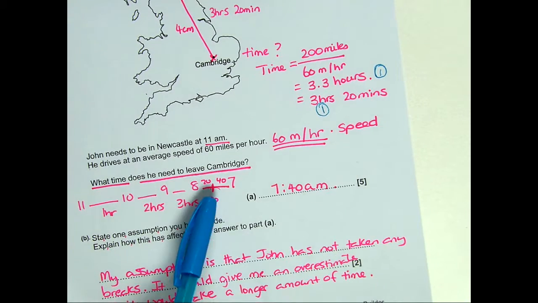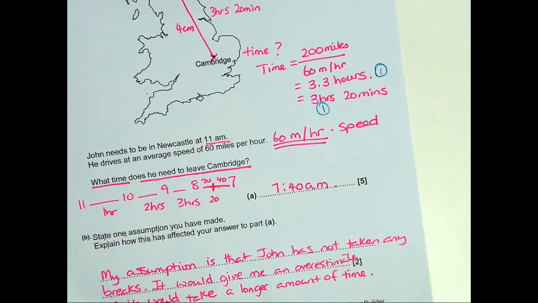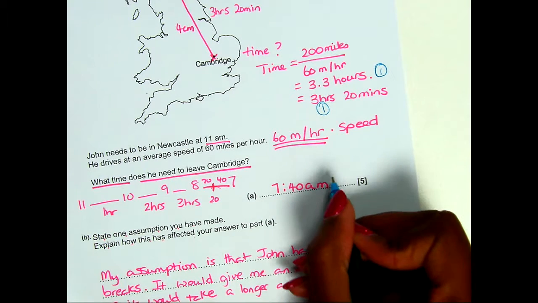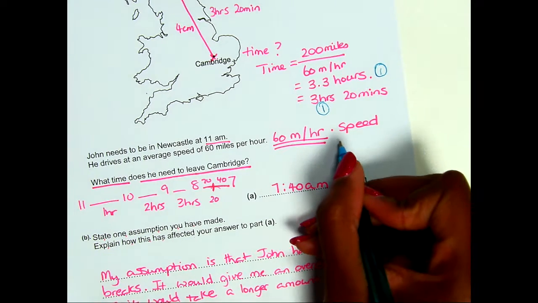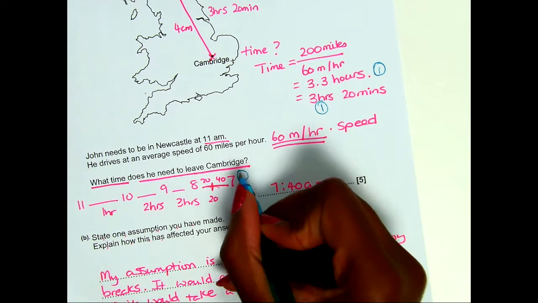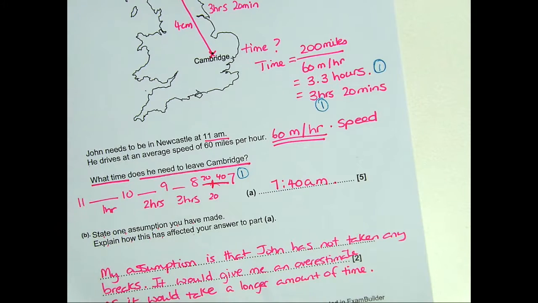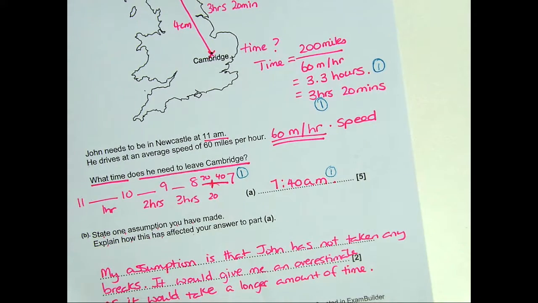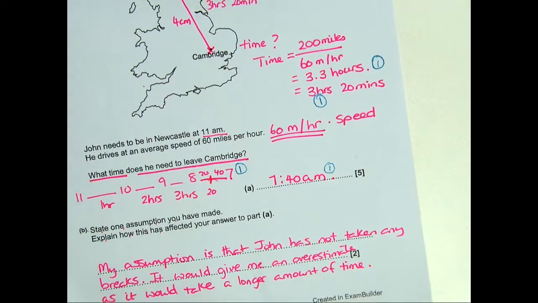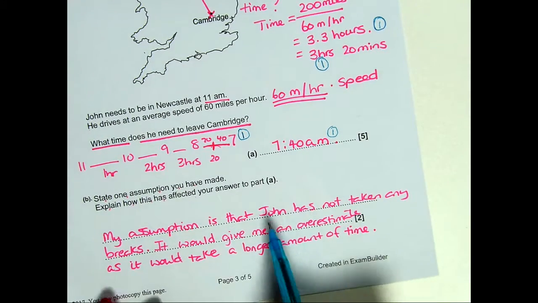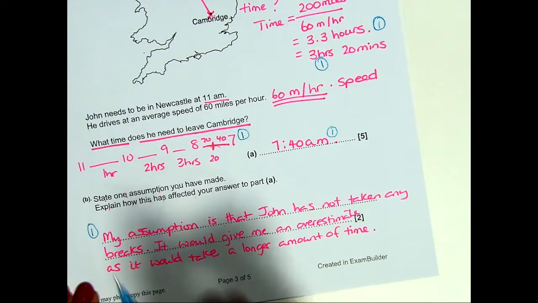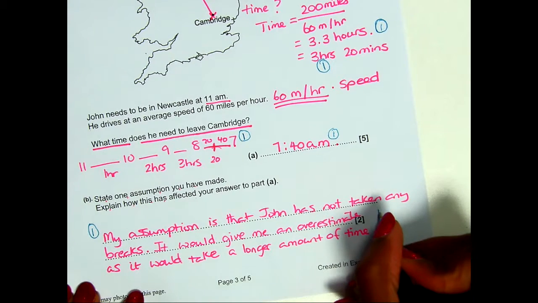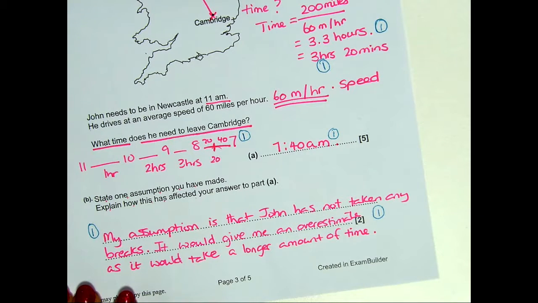Okay, and then you get your next mark for working out your calculation for your speed. And finally, a final mark for working out your time. Okay, so for your final answer, you get 1 mark for your assumption and your final mark for how it would affect your final answer.